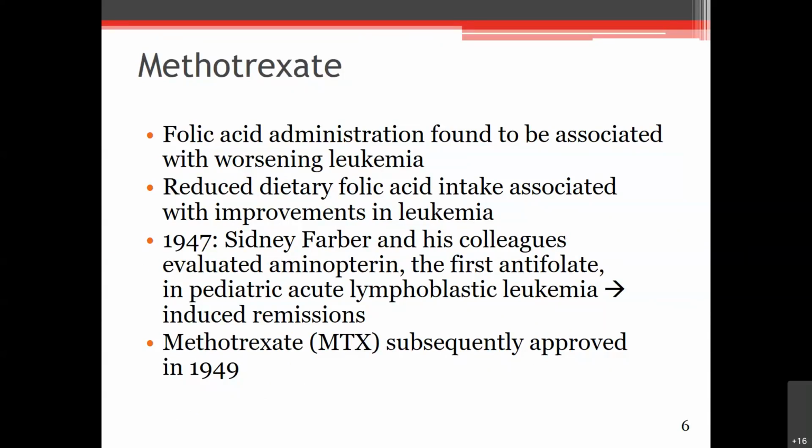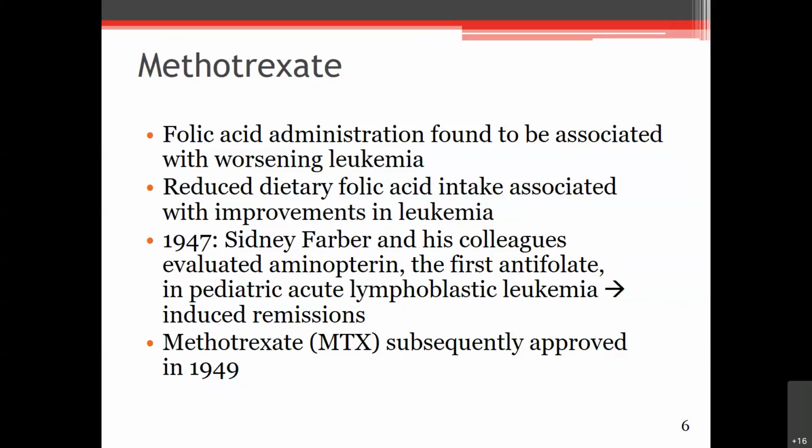And as a result of that, investigators decided to administer folic acid to patients to see if that ended up helping with their disease. Unfortunately, it was discovered that this was not only ineffective, but actually led to worsening leukemia in these patients.